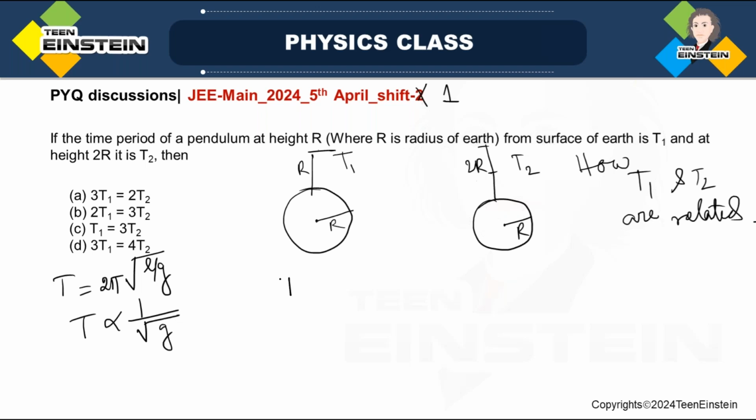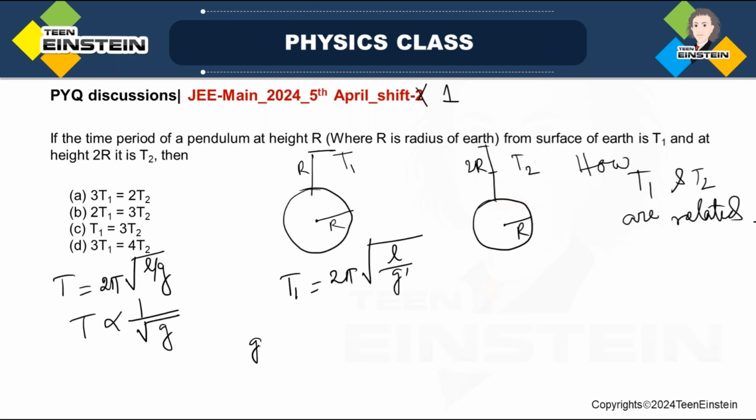So I can write here T1 is 2π, length is not going to change, √(L/G′) then. Okay, so in terms of T, we can find out in terms of T.